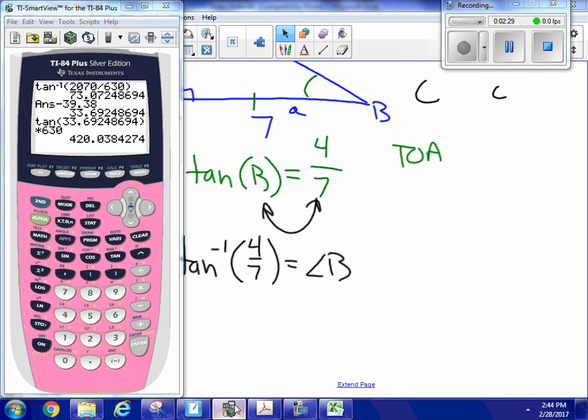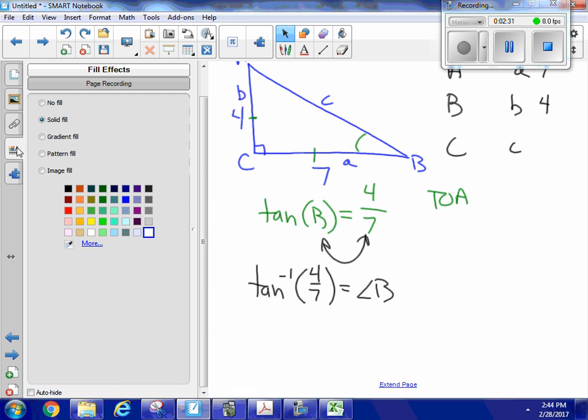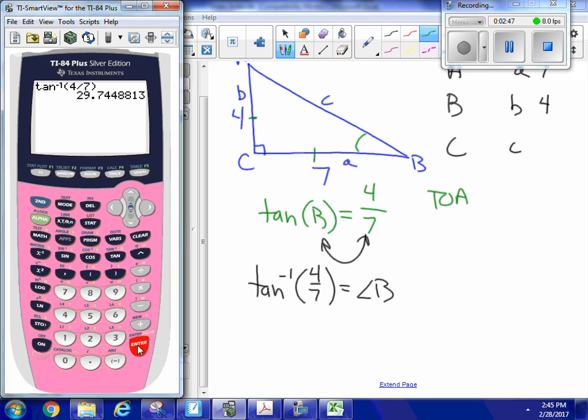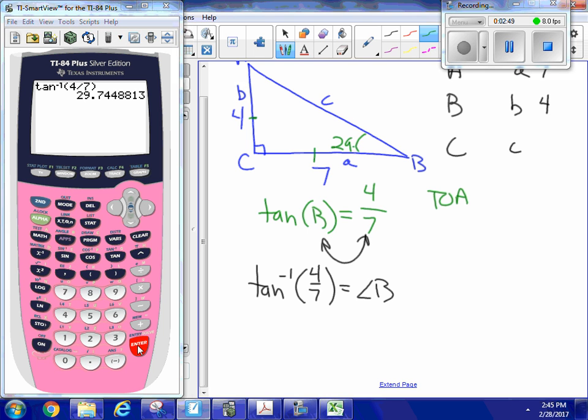Let's make this look just a little bit nicer. I can go inverse tangent of 4 divided by 7. And I find out, well, hey, that's really nice. Angle B is a 29.7 degree angle. So I'm going to put that in right here, 29.74, I'll call it.